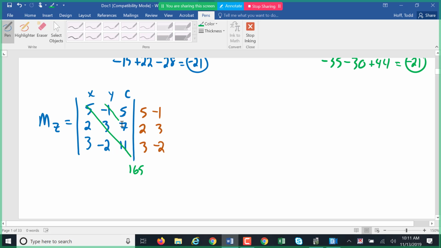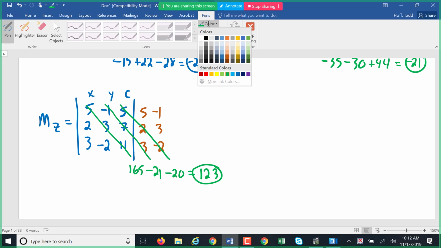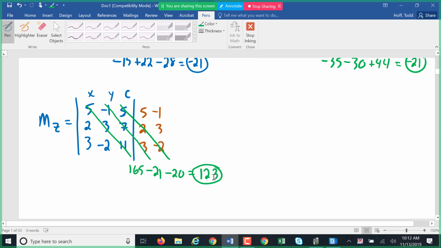Next diagonal, negative 1 times 7 times 3 is a negative 21. Next diagonal, 5 times 2 times negative 2 is a negative 20. 165 plus a negative 21 plus a negative 20 is 124, my down diagonal total. Sorry, 124, not 123.